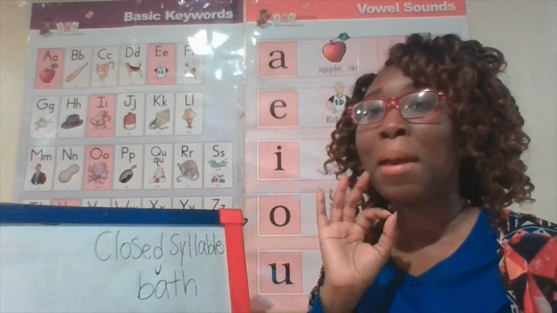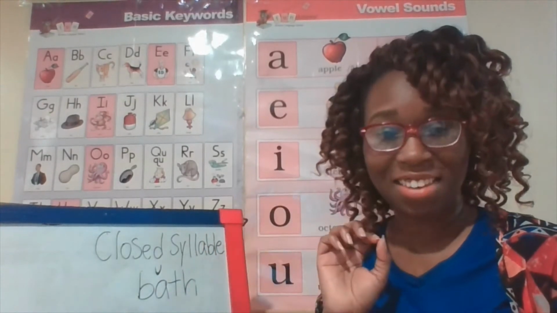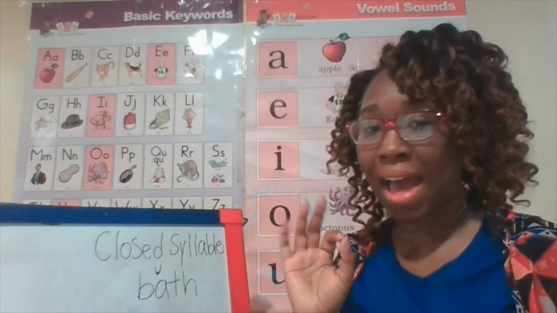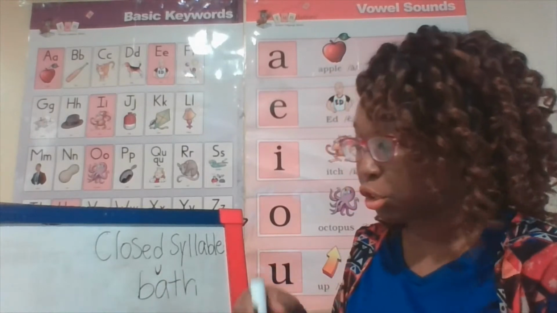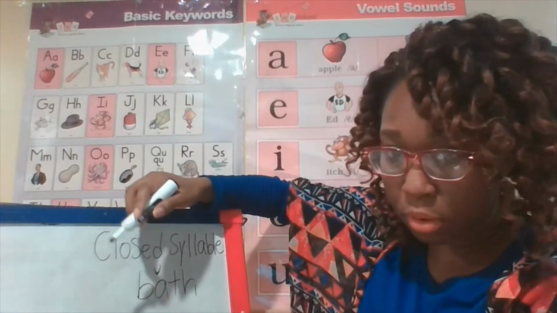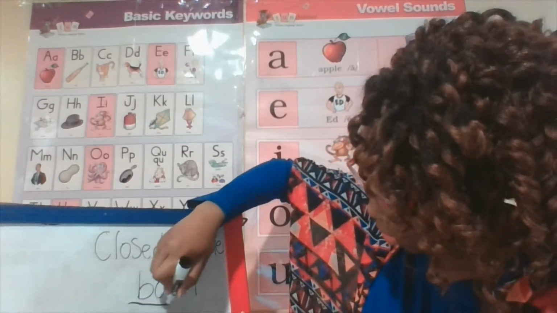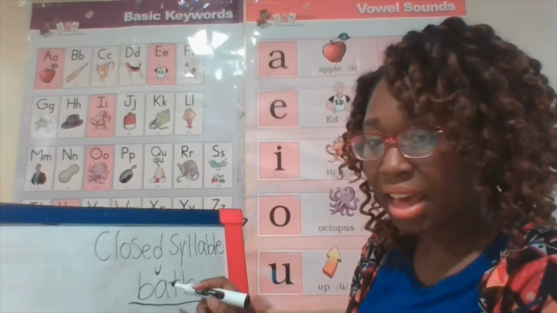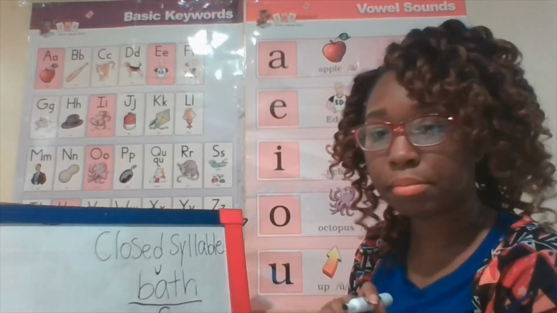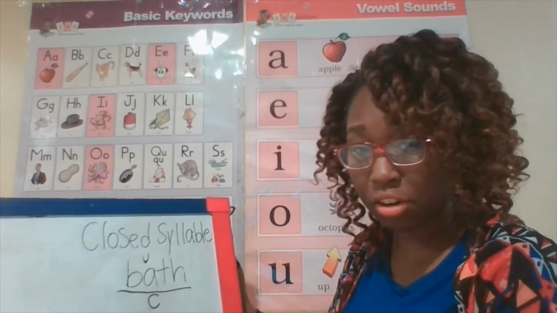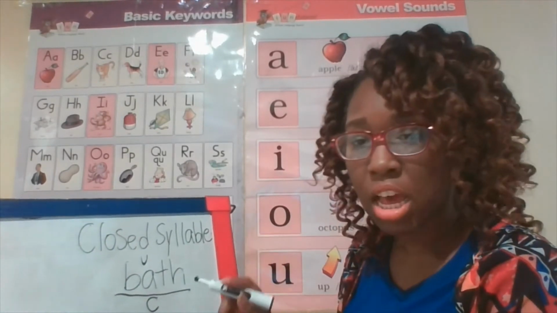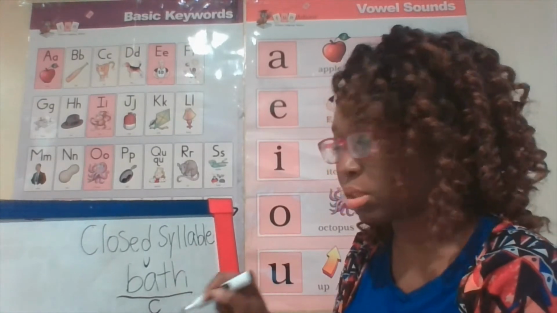We're not saying bathe, right? We're saying bath. It's a very short A. So that is the symbol for a short A. And what I'm going to do is I'm going to put a line underneath it and then actually just put a C. And what that C means is that this is a closed syllable.